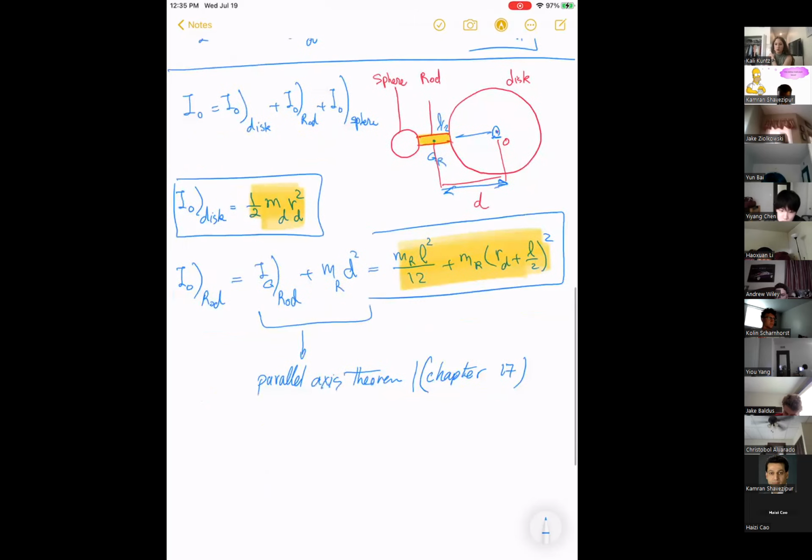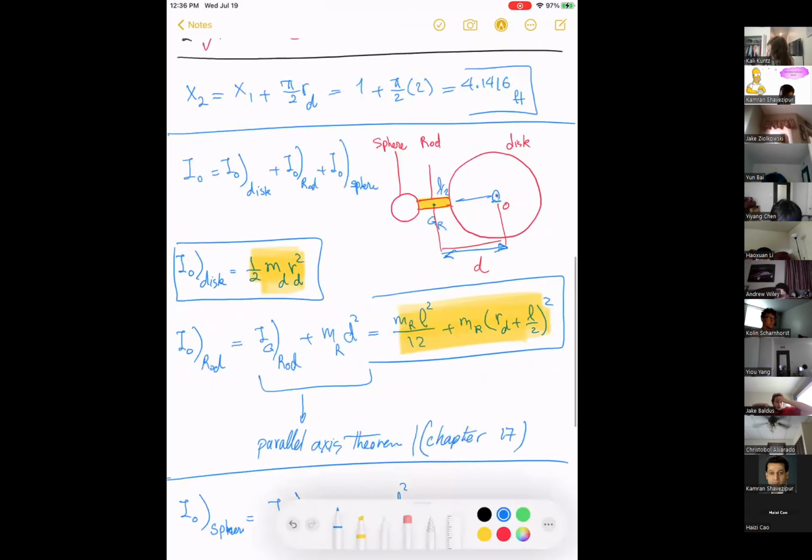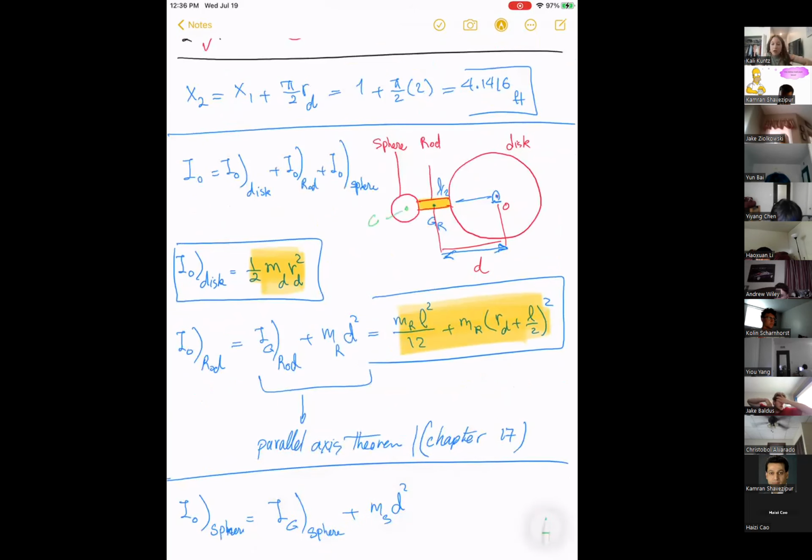Now I'm going to go to the sphere. I about O for a sphere is going to be I about its own G plus M sphere its own D squared. For a sphere, this is center of mass G, and this is going to be your D, which is going to be R plus L plus R sphere.